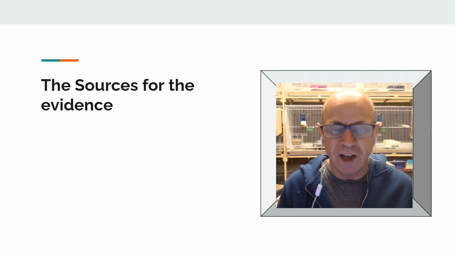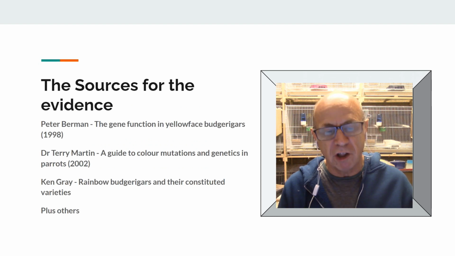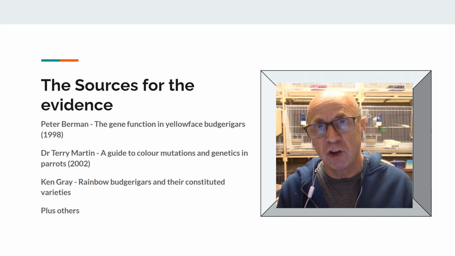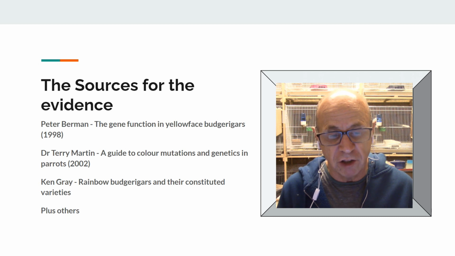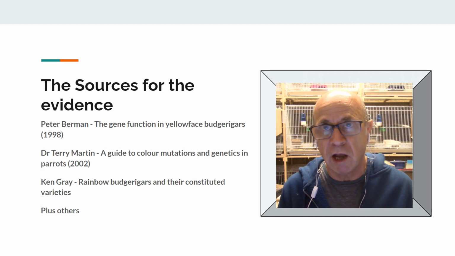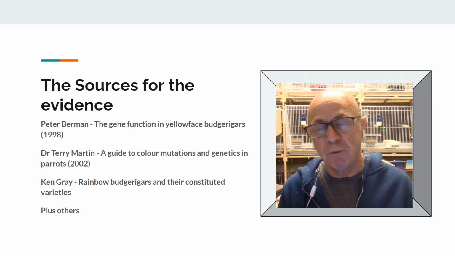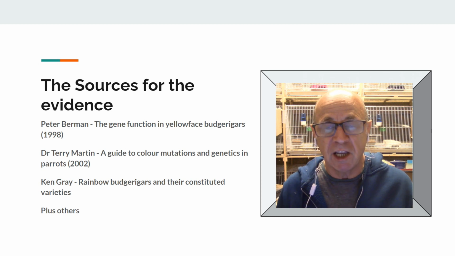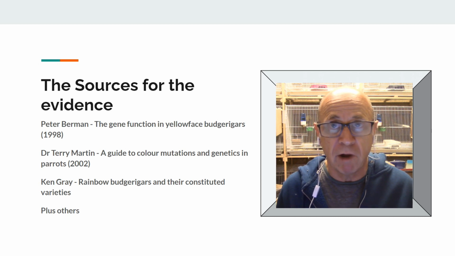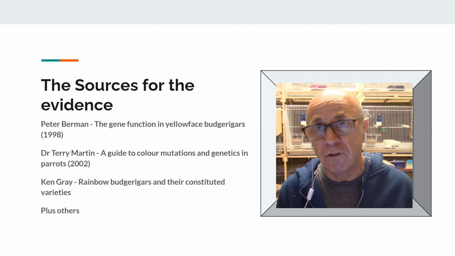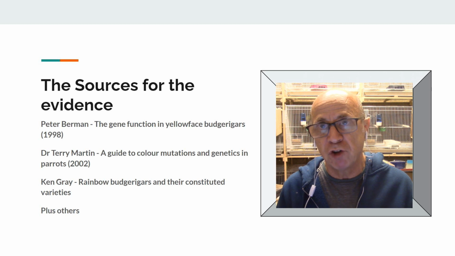So whilst I'm on the subject of the literature reviews, I suppose it's probably only right for me to talk about the main sources that I use to come up with those conclusions. And those main sources are on the screen now. The first one of those is Peter Bergman. Now, Peter Bergman has a website that basically looks at a whole load of literature reviews around the inheritance of colour varieties in budgerigars.